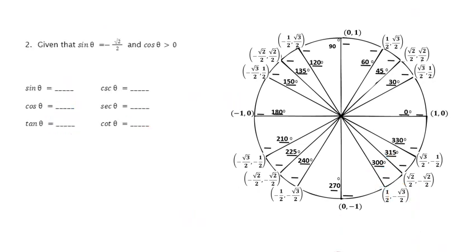For this last example, same thing. So given sine is -√2/2, so I know this is -√2/2. Cosecant will be the reciprocal, which we'll rationalize at the end. And so sine is negative, but notice cosine is positive.